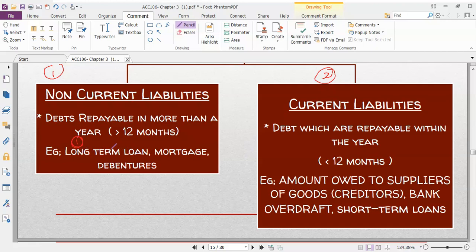Long term loan ni memang term loan yang lama. Okay, so kita nak bayar balik dekat bank tu. Okay, loan tu hutang kepada bank tu lama dalam jangka masa panjang. So that is non-current liabilities. Okay, so kalau current liabilities pula, kita buat hutang and then kita boleh bayar dalam masa yang singkat sahaja. Okay, sebagai contoh kita berhutang dengan suppliers.